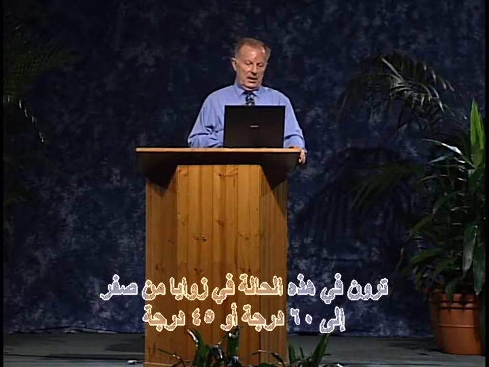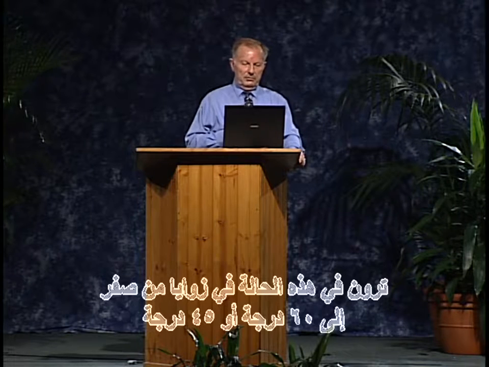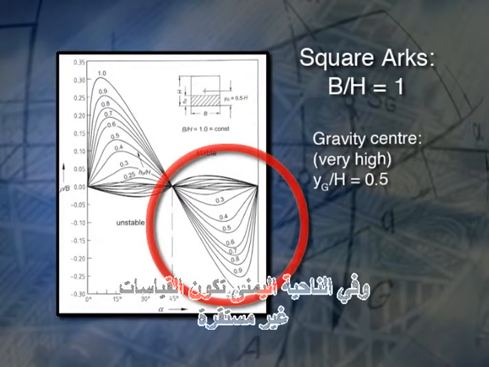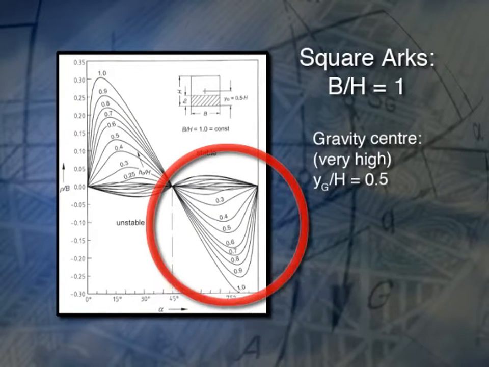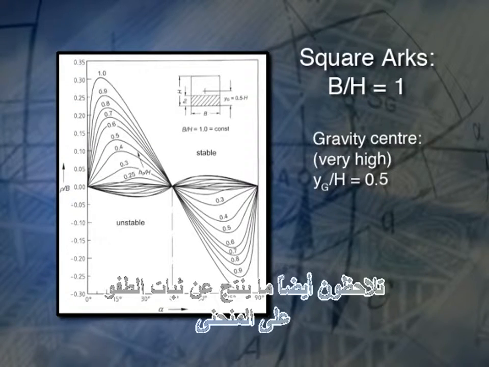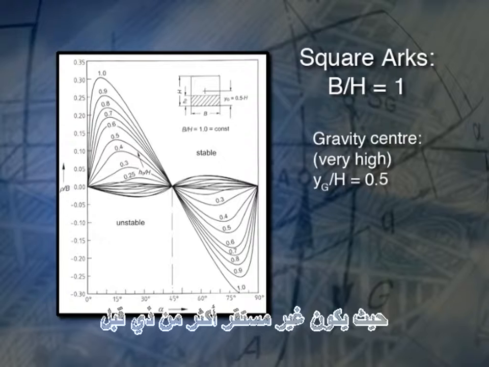You see in this case for angles from 0 to 60 degrees or 45 degrees it is stable, and on the right side we see there are parameters when it is unstable. If the gravity center is very high, you see also the consequence in the floating stability curves. So it is more unstable than the other way.